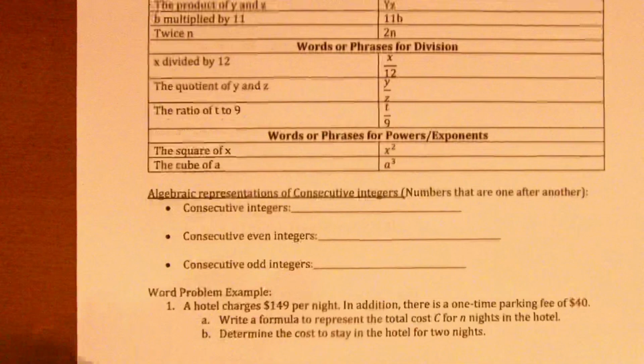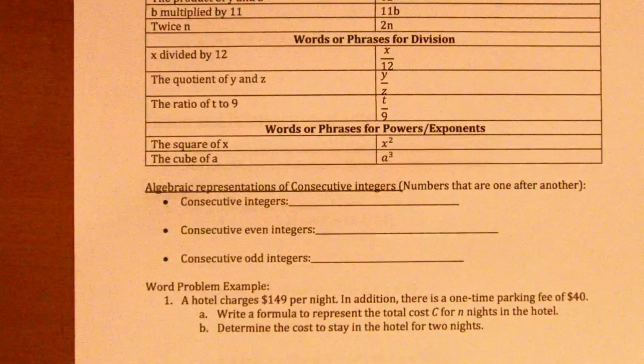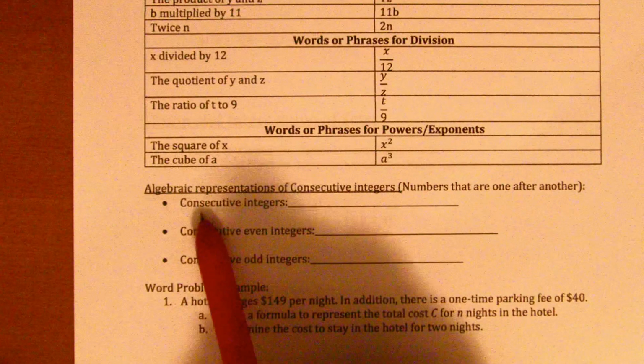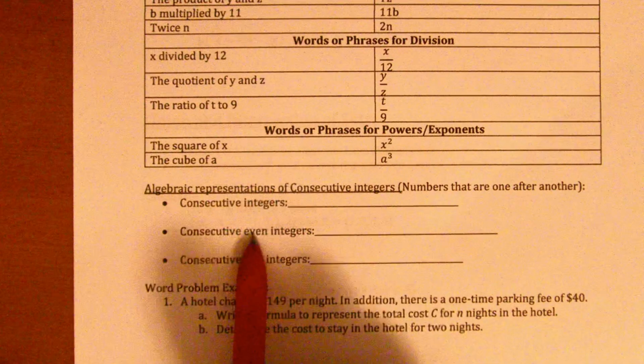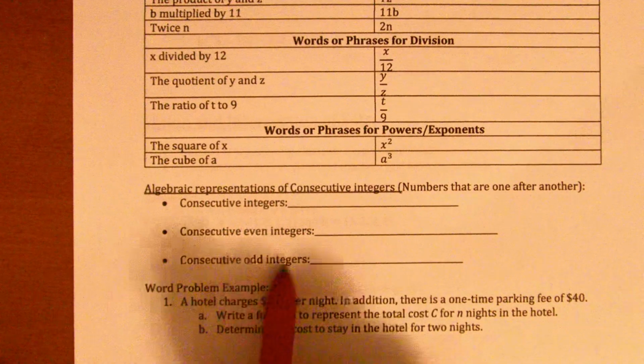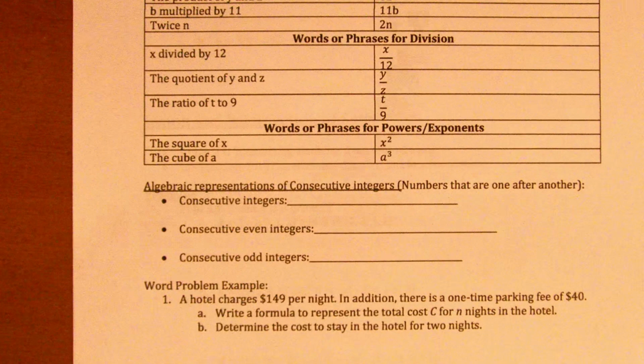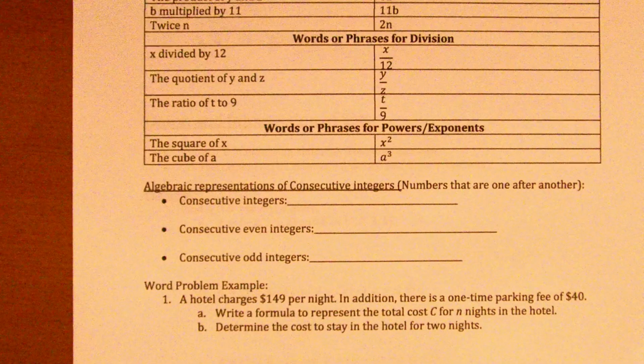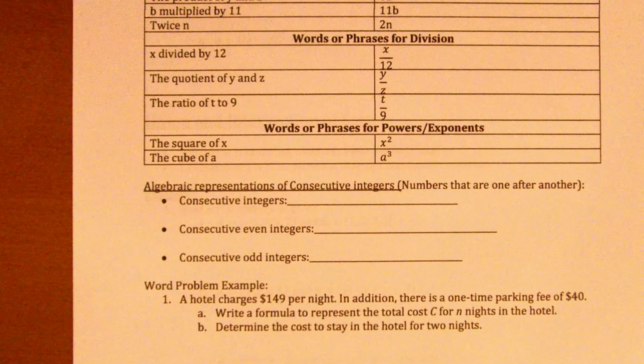At the bottom of this page, we see some terms referring to consecutive integers, consecutive even integers, consecutive odd integers. Sometimes you might see a word problem that asks you to turn that phrase into an algebraic expression, so I'm going to show you how to do that.